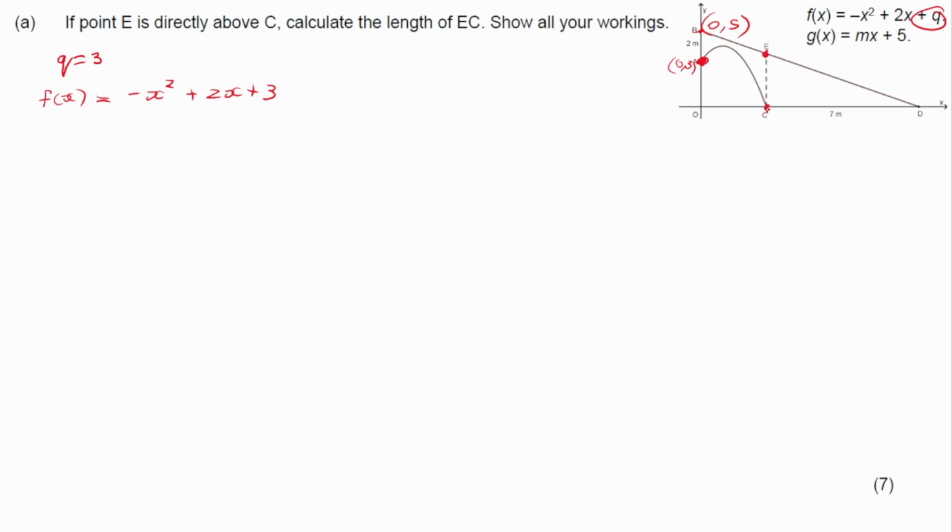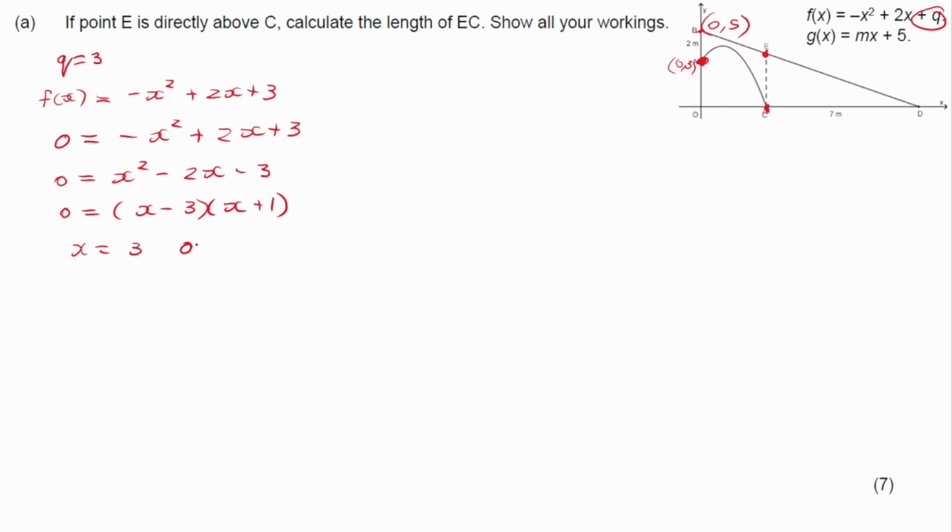We can use that to find C, because C is the x-intercept. So we said y is equal to 0. And we get this. And I can just times by a negative, so I'll get this. And I can factorize this, like so. And I get x is equal to 3, or x is equal to minus 1.